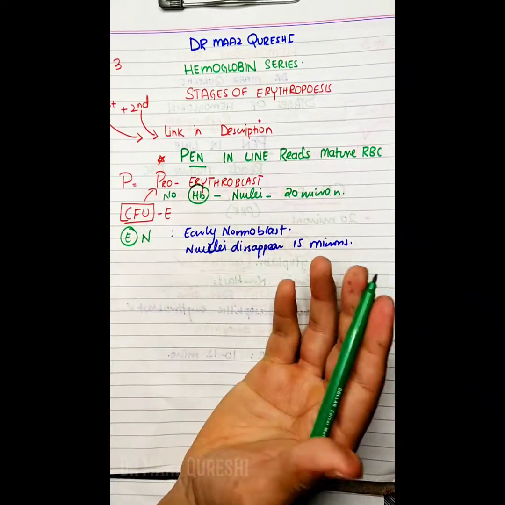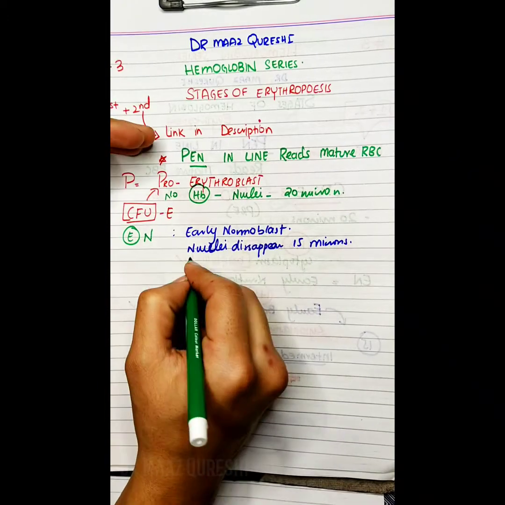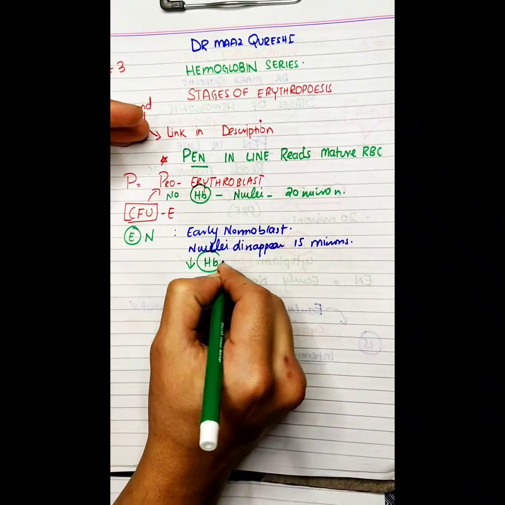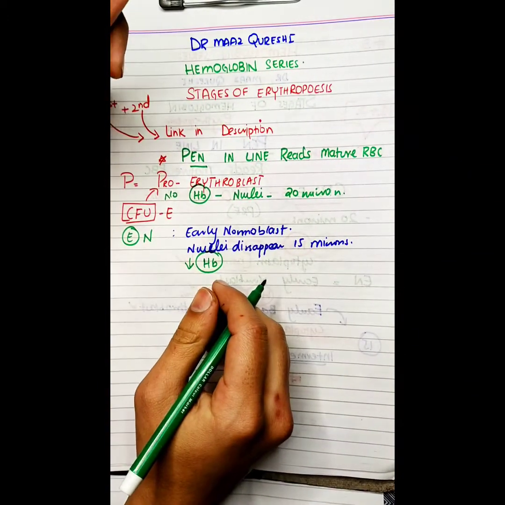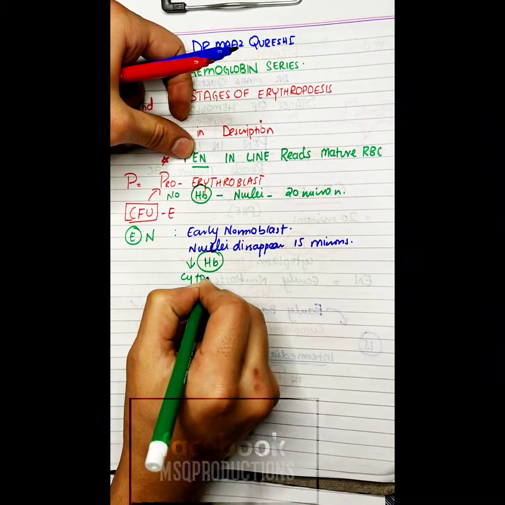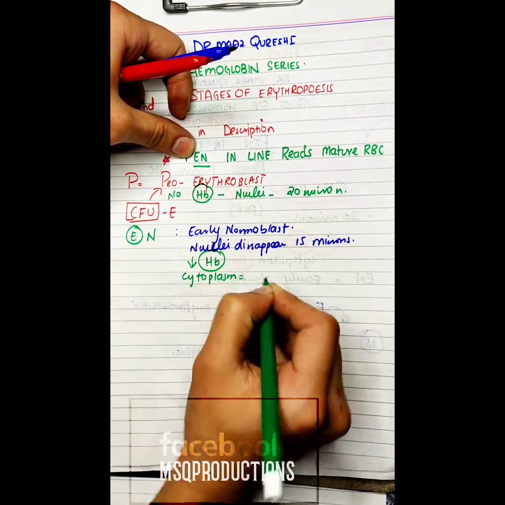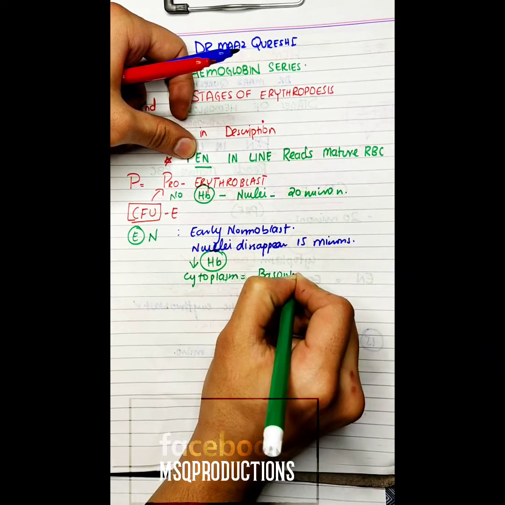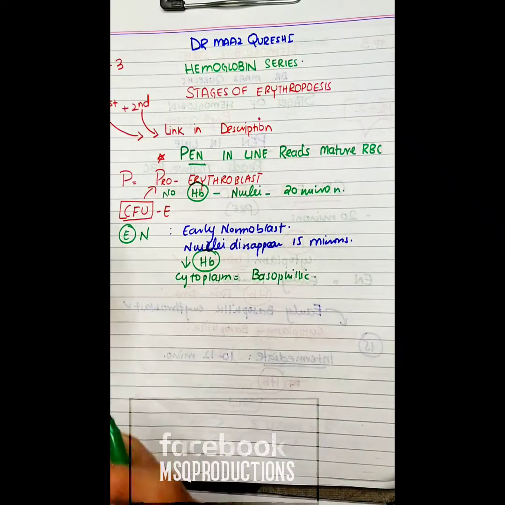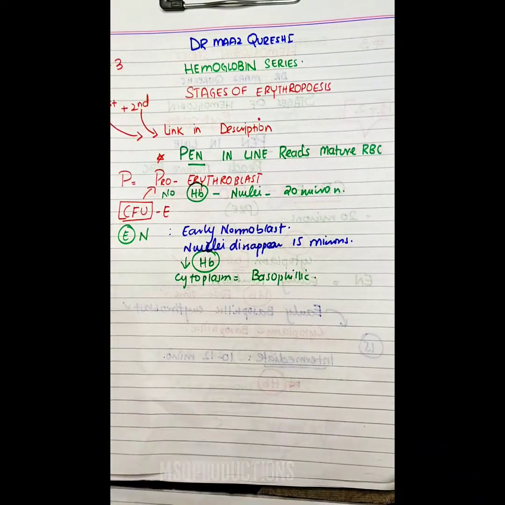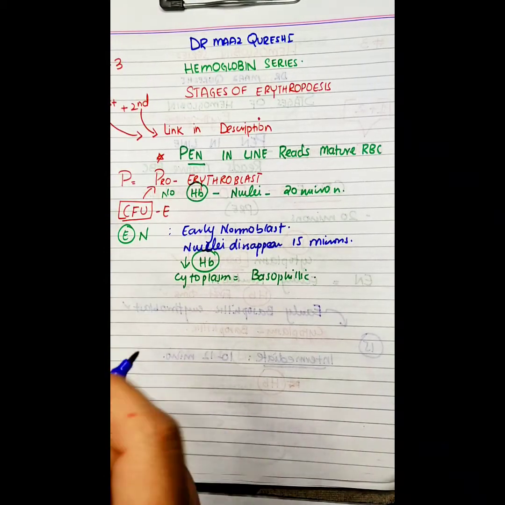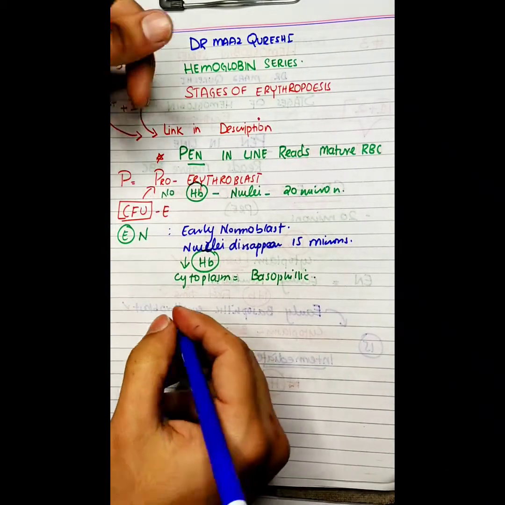Can you see the hemoglobin? No, you won't, because there is decreased hemoglobin here as well. However, you can see the cytoplasm and it will be basophilic, meaning it has more alkaline in it, less acidic.